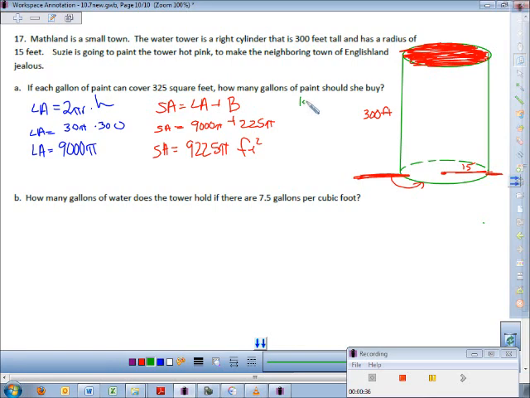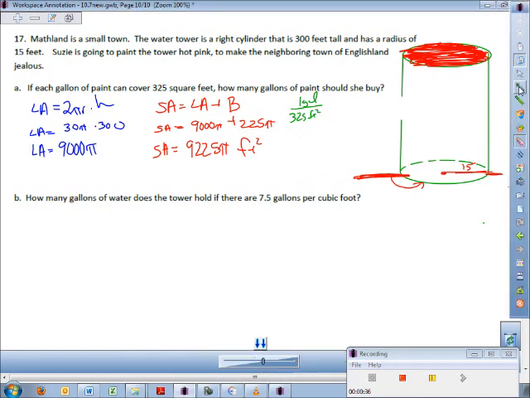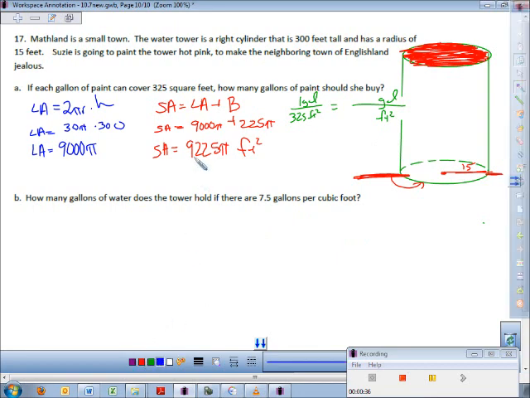Now, awesome way of proportions. 1 gallon of paint can cover 325 square feet. I want to know gallons over square feet again. I know how many square feet I need to paint, 9,225 pi square feet, and I don't know how many gallons of paint, so cross multiply and get 325x equals 9,225 pi.